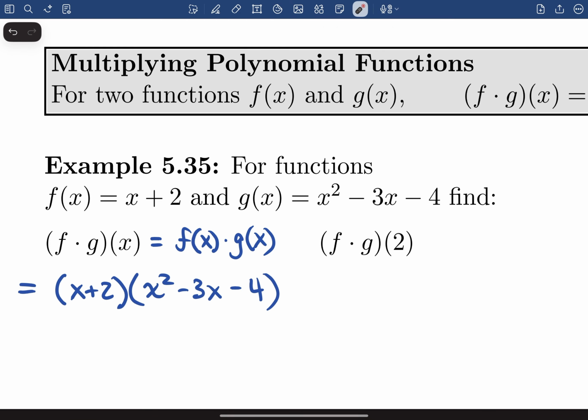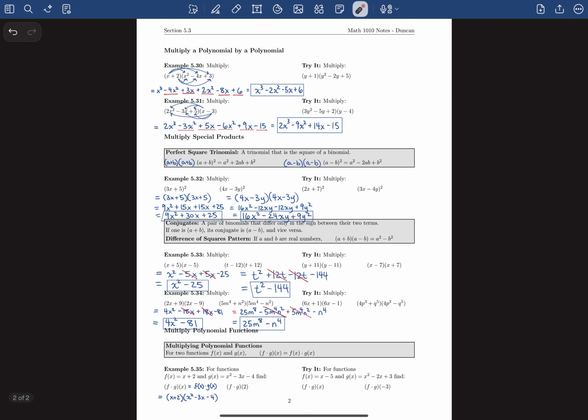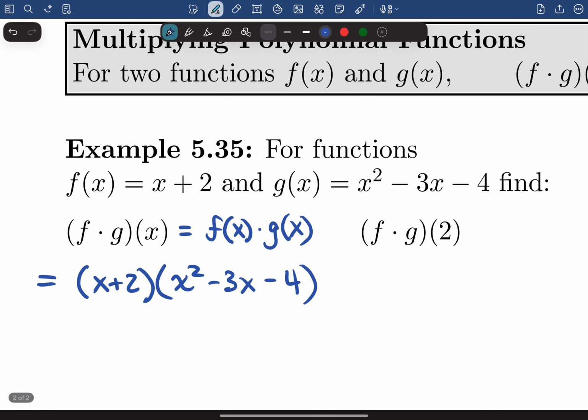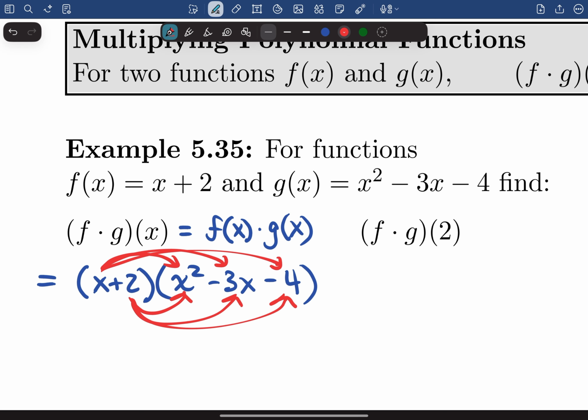Okay, so in the end, all this is really telling me to do is multiply this binomial by this trinomial, which we already did up here. We were practicing that. So let's try that one last time. It'll go really fast. You'll recall we need to multiply every term of one polynomial with every term of the other polynomial.